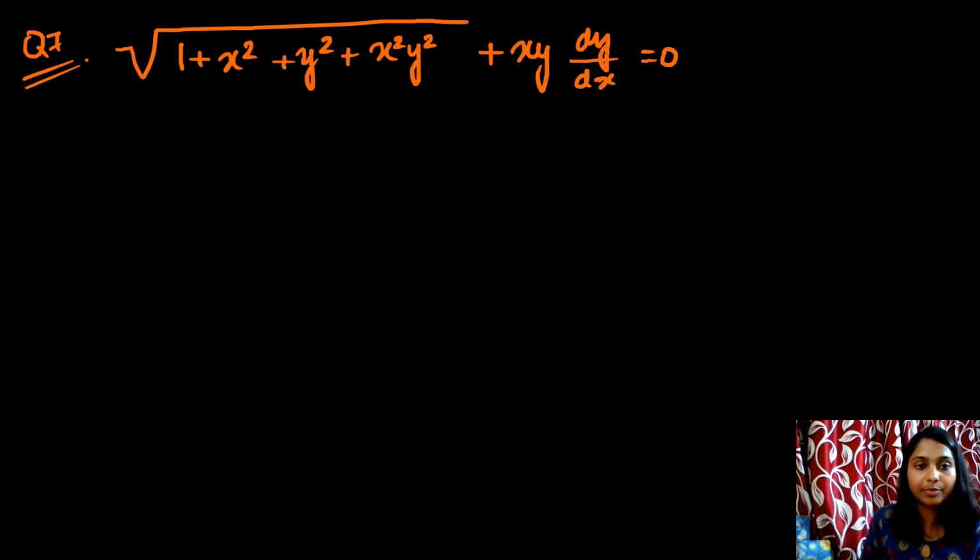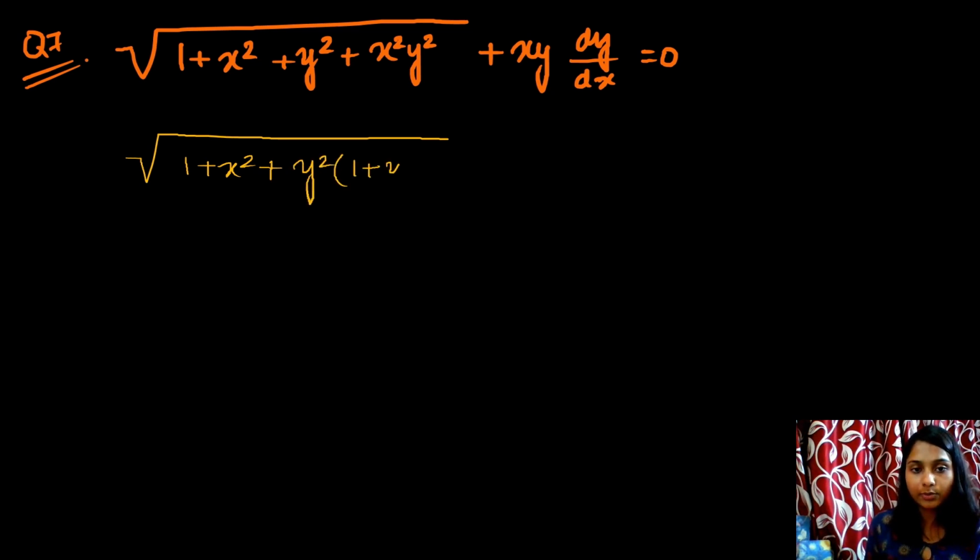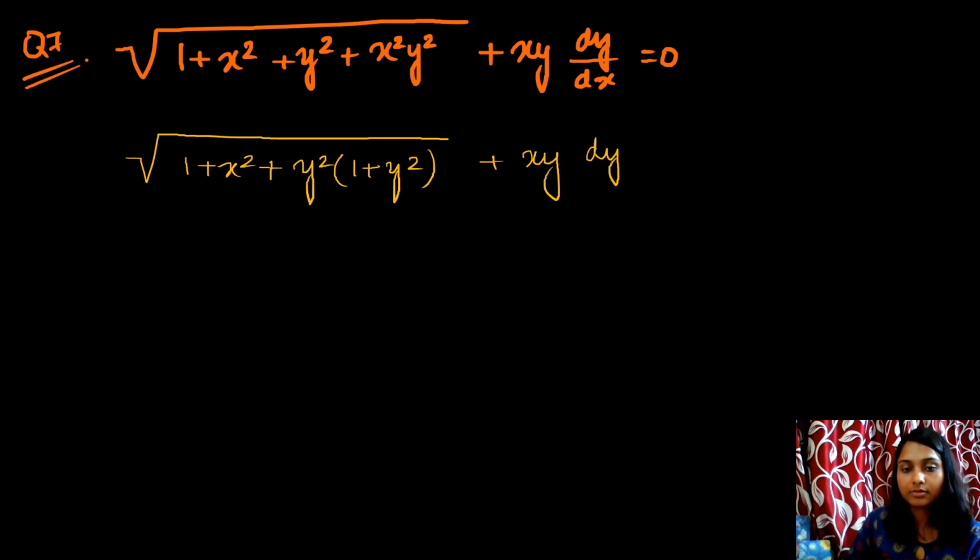Okay, so moving to this problem here. So there is a term with xy, there is an x term, there is a y term. So we need to separate this at first. So what we can do, we can write it like this: 1 plus x square plus y square, 1 plus y square plus xy dy by dx equals 0.